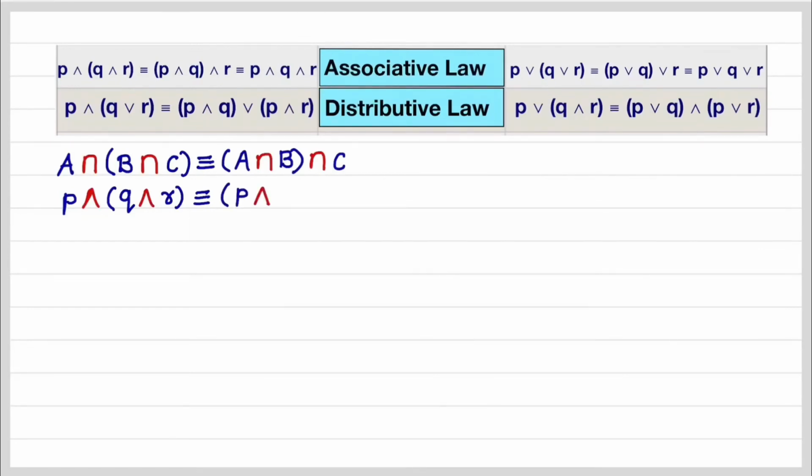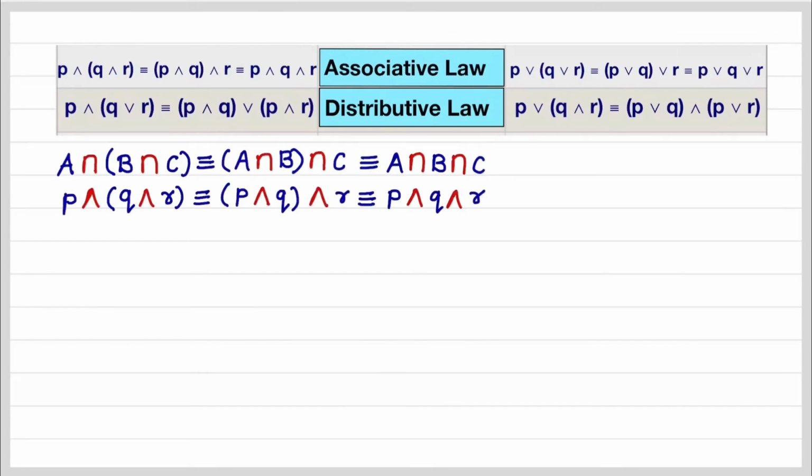It is also equivalent to A intersection B intersection C. In the same way, in logic, it is equivalent to P and Q and R. You can verify this with a truth table. Make a combined truth table for it and see that all its truth values are identical.